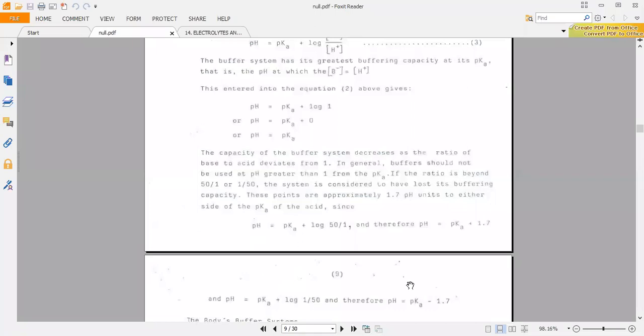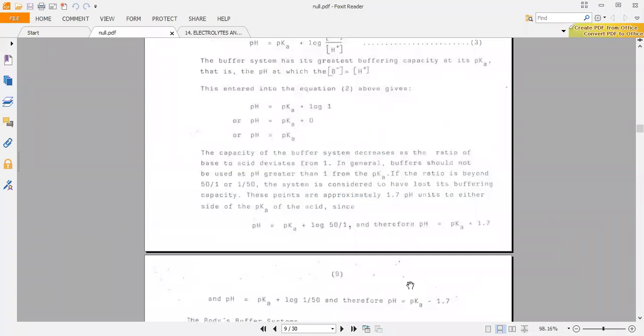And the range that we are going to allow for should be that the pKa should be equal to the pH plus or minus 1.7. So if you fall within that range, then that buffer can work effectively at that pH.